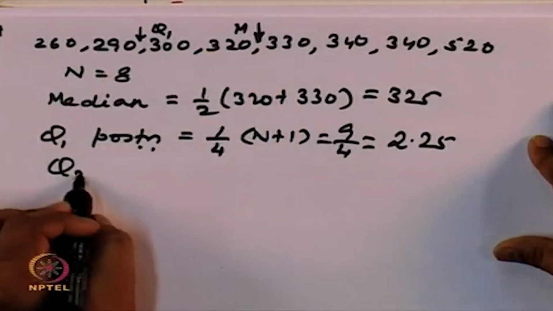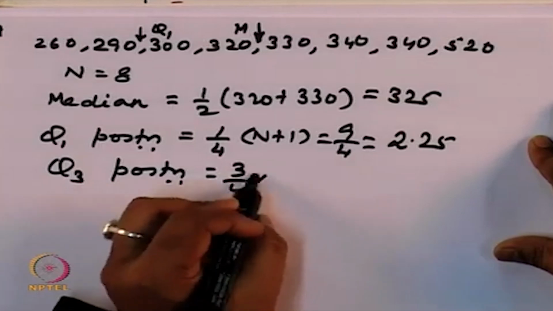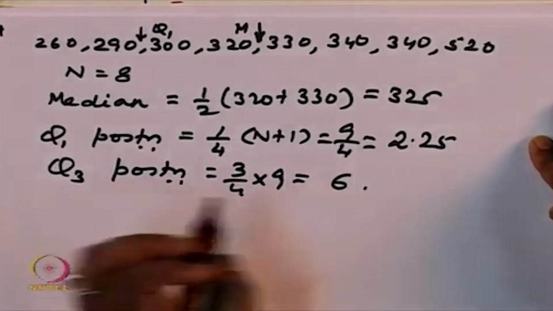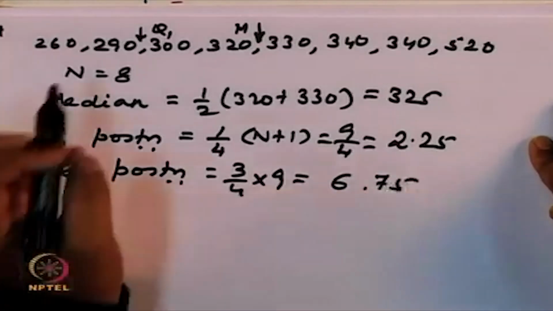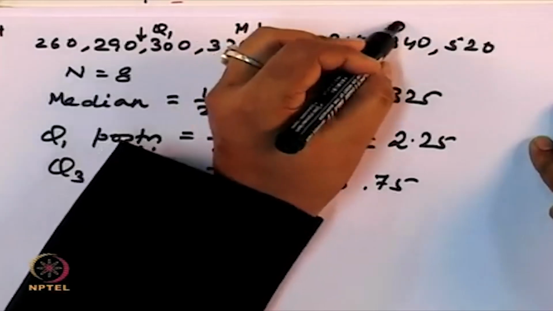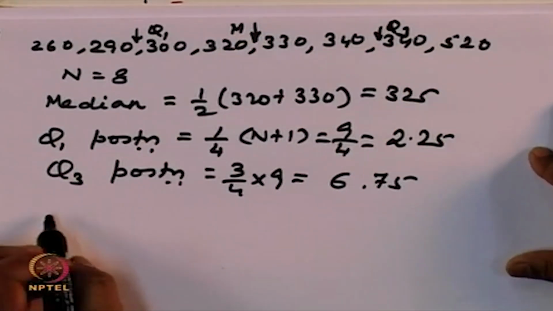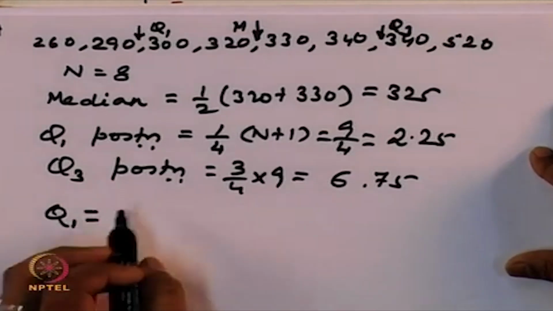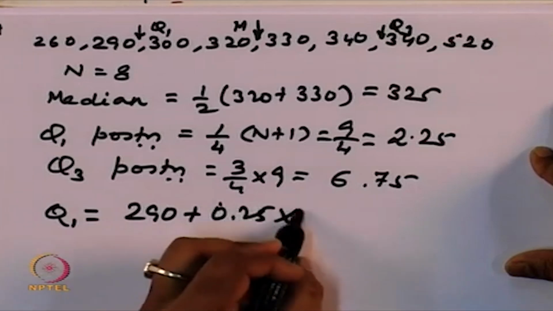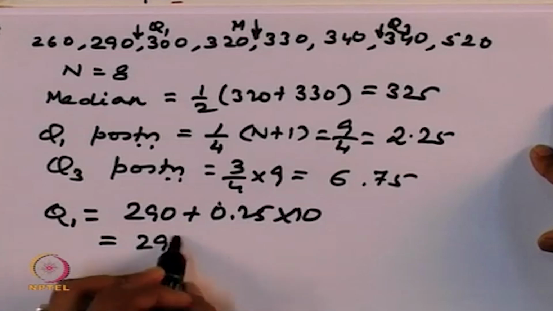The Q3 position is going to be 3/4 into 9, which is 27 by 4, equal to 6.75. So Q3 is going to be somewhere here. My Q1 value will be 290 plus 0.25 times 10, which is 290 plus 2.5, equal to 292.5.